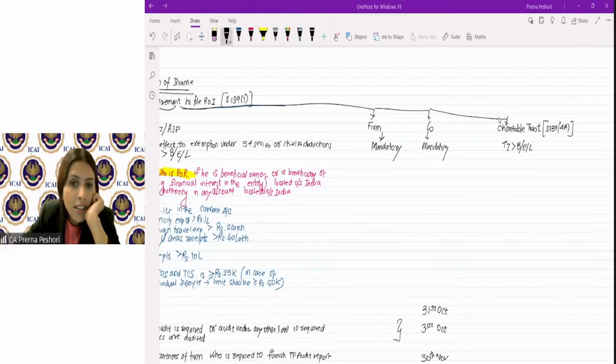Are we getting that? And they are also required to get the books of accounts audited if their total income without claiming the exemption exceeds the basic exemption limit. In that case, they are required to get the books of accounts also audited. Are we clear? So just write down over here.